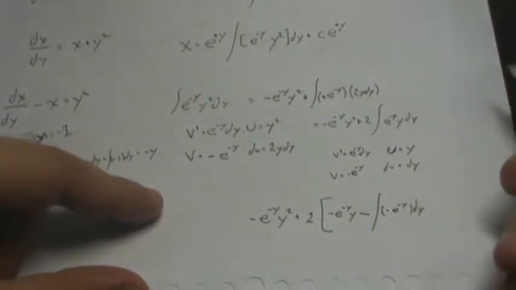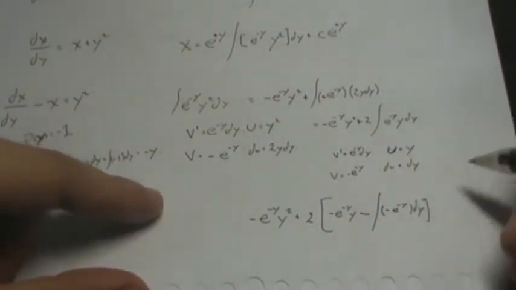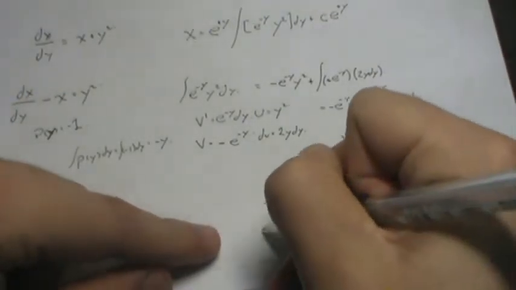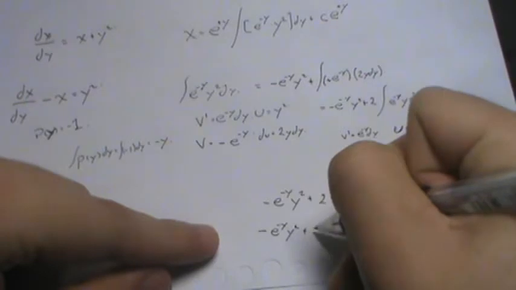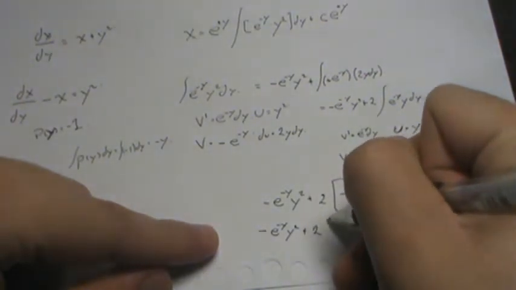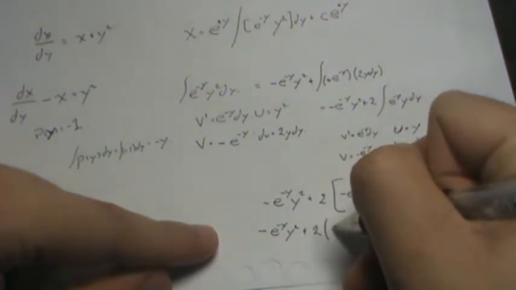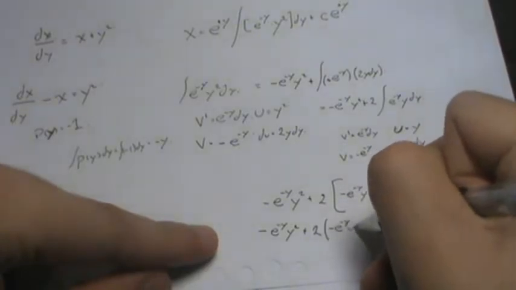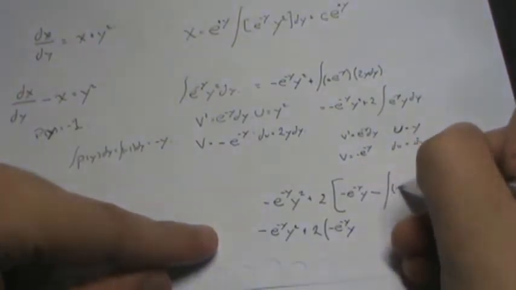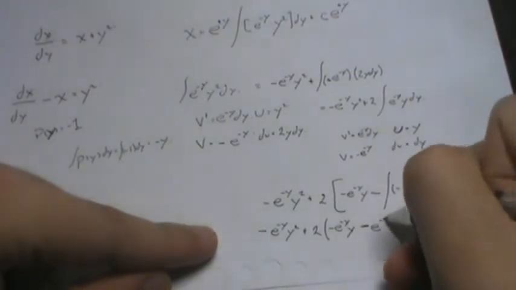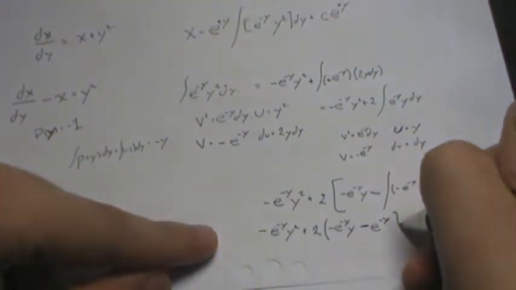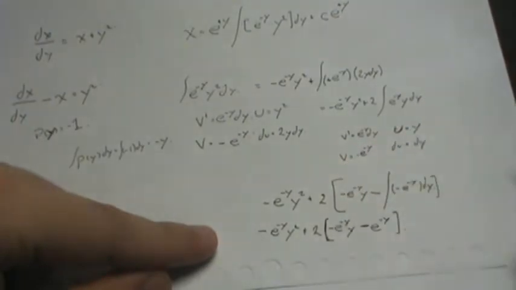That is this, okay? And therefore we will have minus e to the minus y times y squared plus 2 multiplying minus e to the minus y times y, this becomes plus, and when we do this it is again a minus, so it's minus e to the minus y. Okay, so far so good.